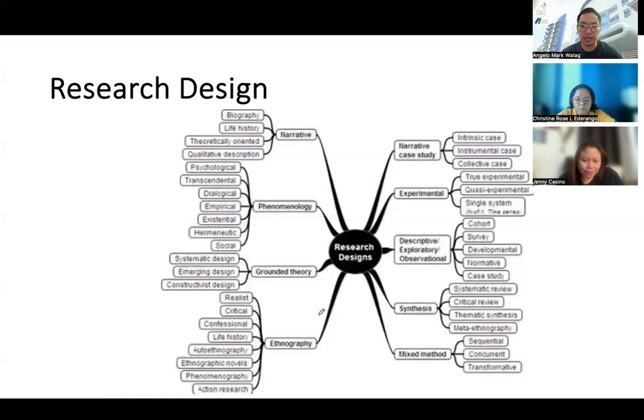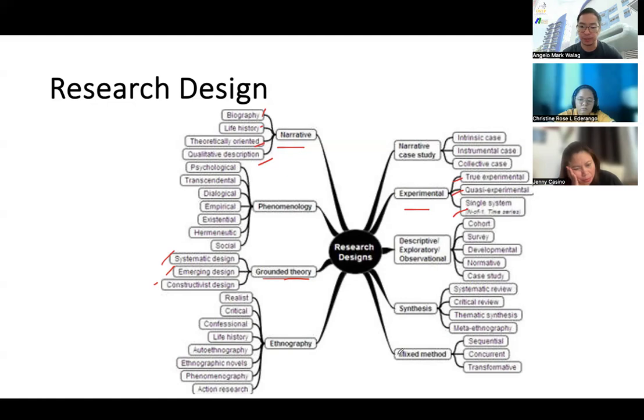For quali, for example, grounded theory is your main research design, and this is what we call the subtype: systematic design, emerging design, constructivist design, or if you're doing narrative, qualitative design, is it a biography, a life history, a theoretically oriented design, a qualitative description? Or if it's an experimental design, is it a true experimental design, a quasi-experiment, or a pre-experimental, or a single system, or one-shot research design?